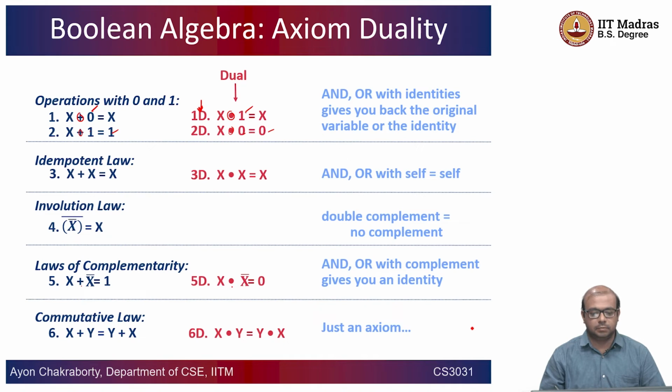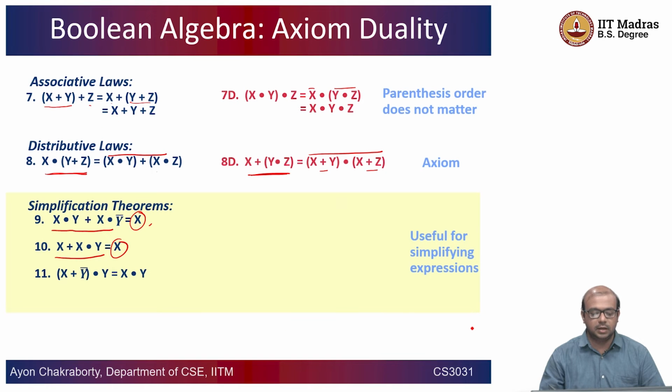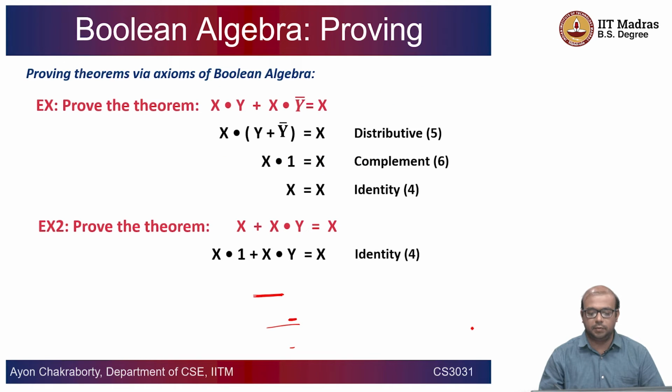And we again looked at the dual expressions for all the axioms that we have studied, right? And there were some simplification theorems, and we also went through them. If you want to do simplification yourself of some Boolean expressions that are somewhat complicated, you should be using these laws.